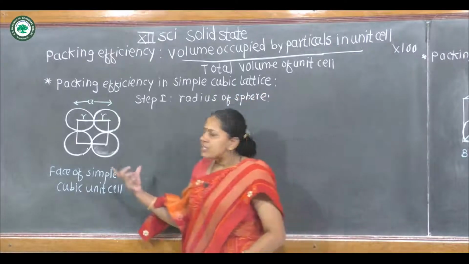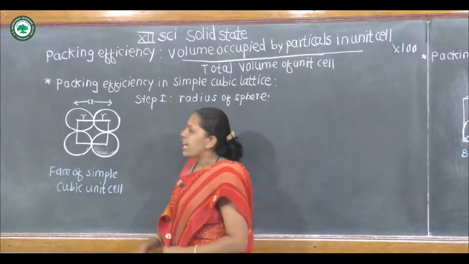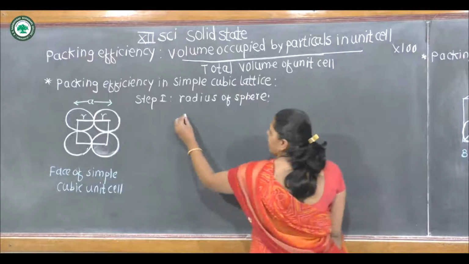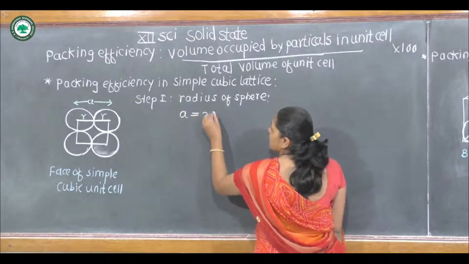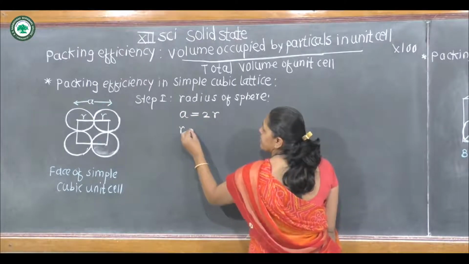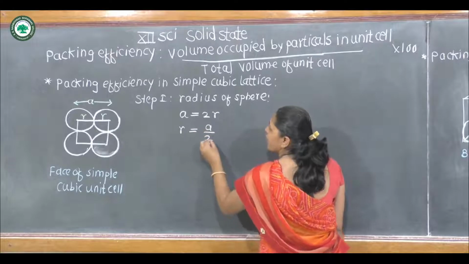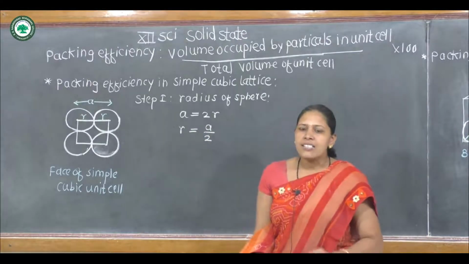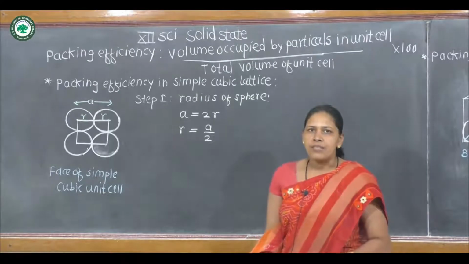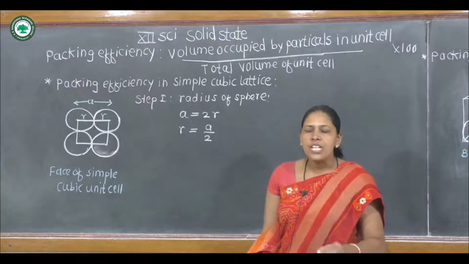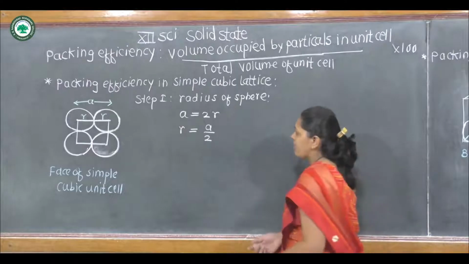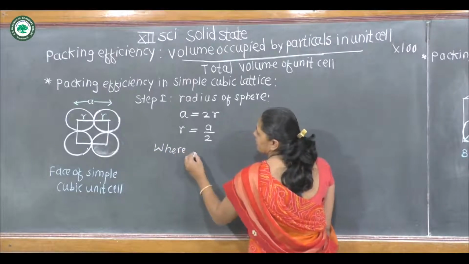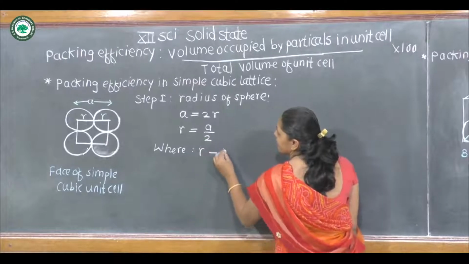By using this diagram, it indicates that a is equal to 2r, and hence r is equal to a by 2. Here r is the radius of the atom and a is the unit cell edge length.